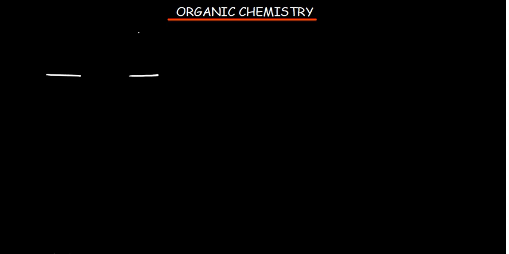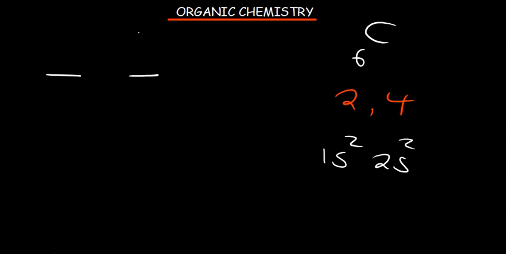If you come up with the electron configuration, you find that carbon has got 6 electrons. So if you write it in terms of your orbitals, it's 1s2, 2s2, 2p2, right? Okay, something like that.